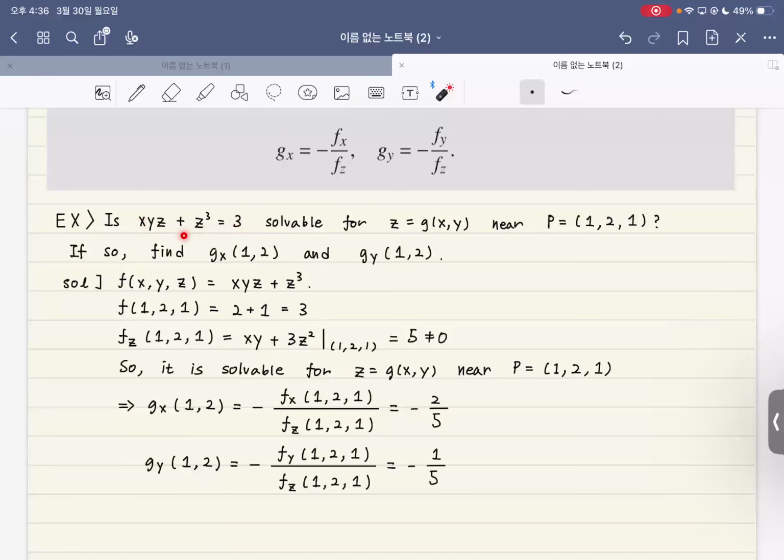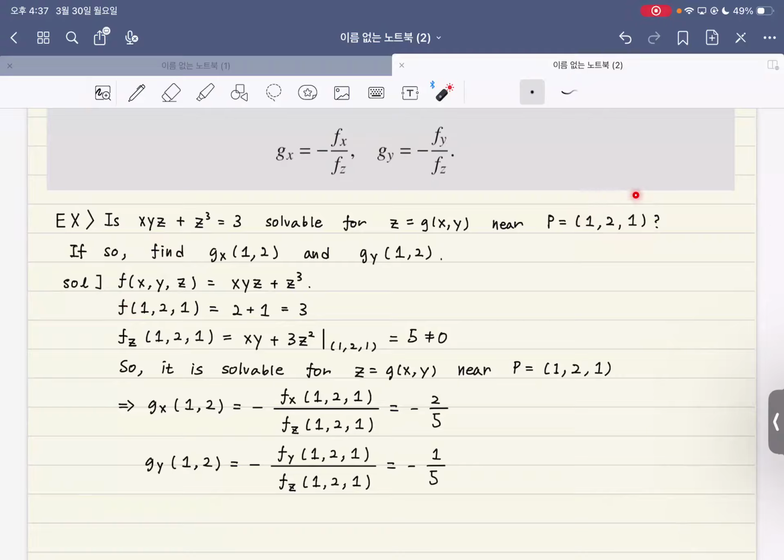Okay, so I have some random equation, and I want to solve it for the variable z near this point. Is it possible? If so, let us try to find the derivative of this function g about x and y. In this case, my function is f(x, y, z) equals xyz plus z cubed. At the point (1, 2, 1), if you plug in x, y, z, it equals 3, so this point belongs to the 3-level set of this function.